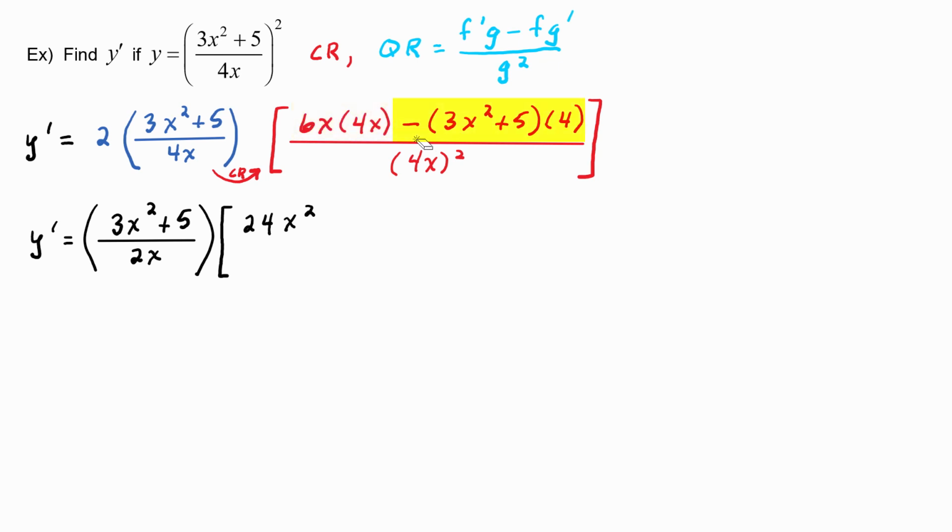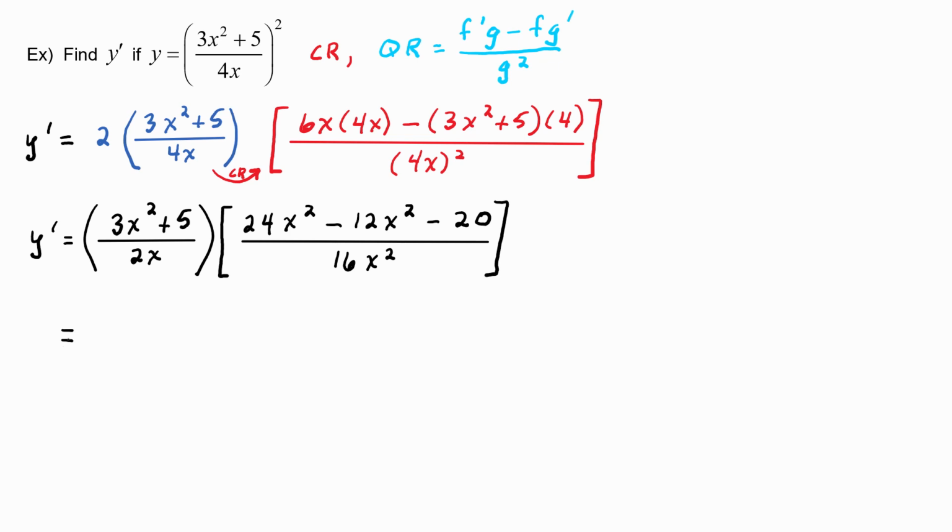Then we have this negative sign that has to be distributed to both of these terms, along with this 4. So you can think of it as a negative 4 times 3x squared would be negative 12x squared. And then a negative 4 times a 5 means we have to subtract 20. And that's over the quantity 4x squared, which is 16x squared.